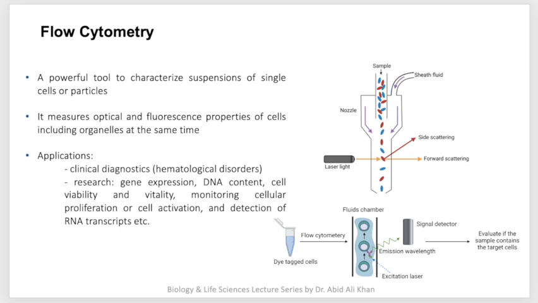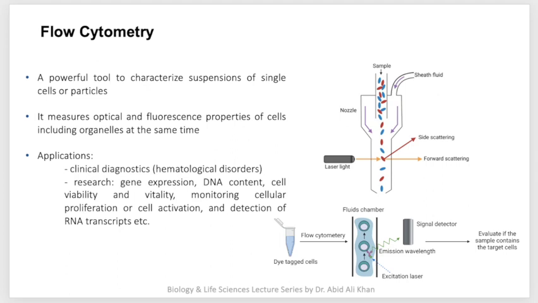Basically, the analysis performed by flow cytometry for particles or cells is based on the physical and chemical characteristics of the particles, and it is used for the analysis of optical as well as fluorescence properties of the sample, which could be in the form of cells or particles.